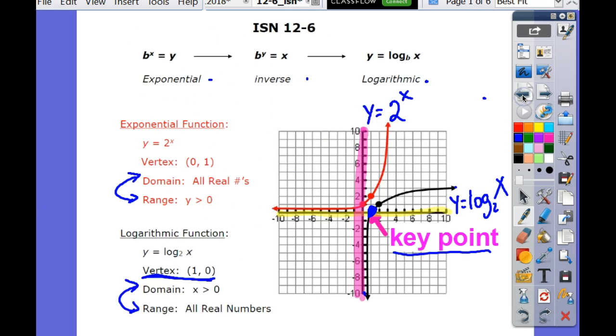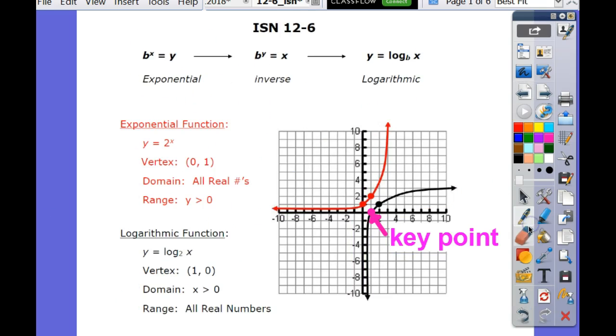I would like to go back over here to the parent graph. When you look at the parent graph, this is the parent graph, and right here again is the asymptote.